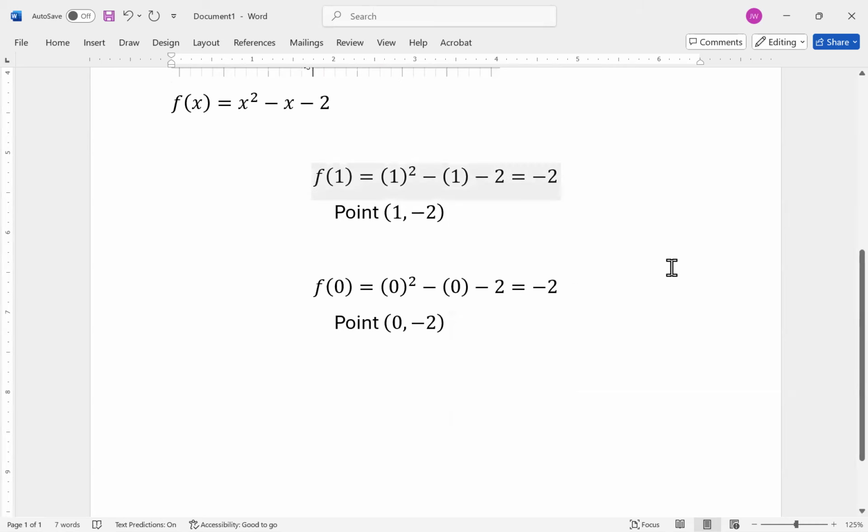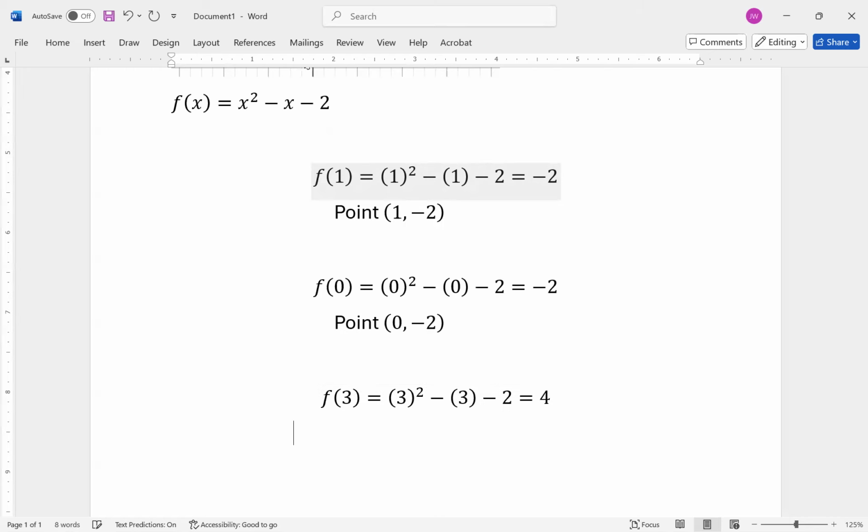You can plug in anything you want, technically. Let's say I plug in 3 into the function. Well, then I would get 3 squared minus 3 minus 2. That's 9 minus 3 minus 2, which is 4.